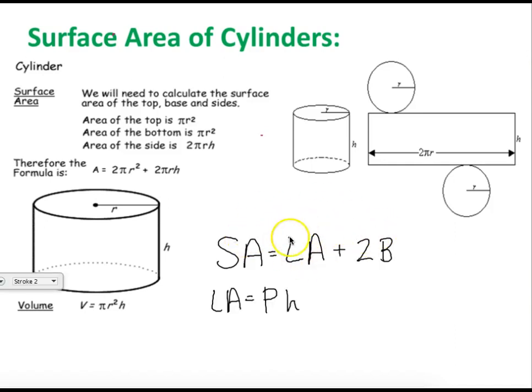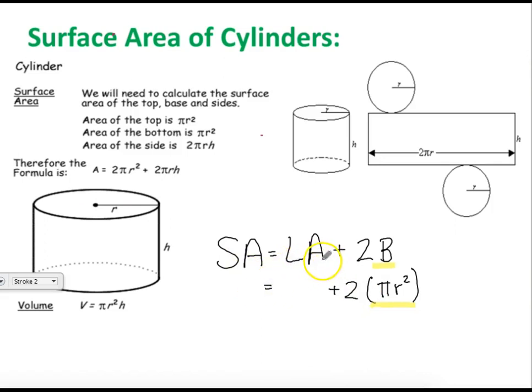Surface area is lateral area plus 2 times the area of our base. In this case, the area of our base is going to be the area of a circle. And remember, the area of a circle is pi r squared. So there's the area of our base, pi r squared. And then let's work on the first half of our formula.